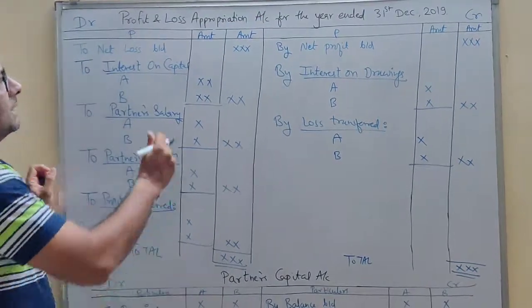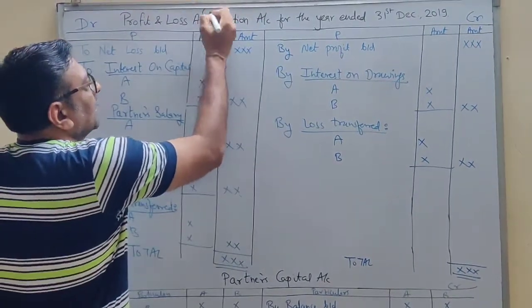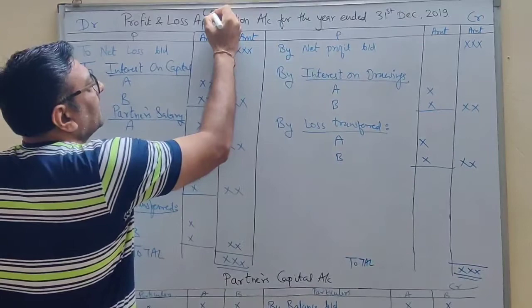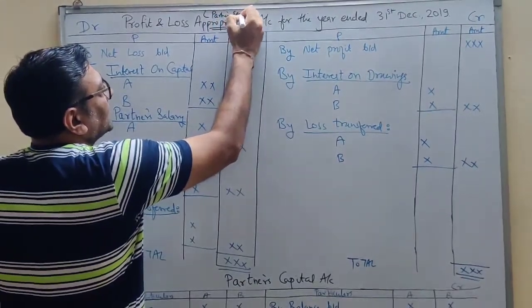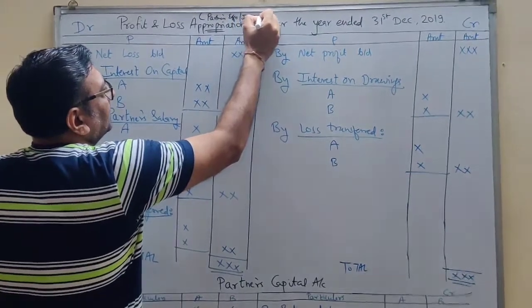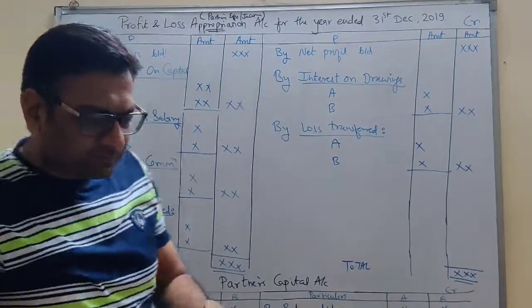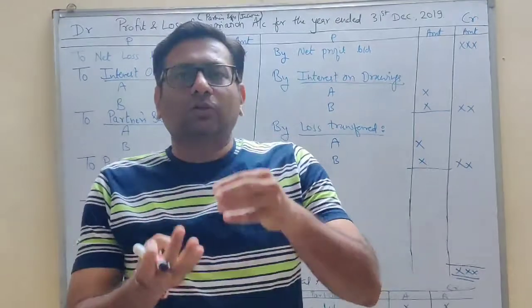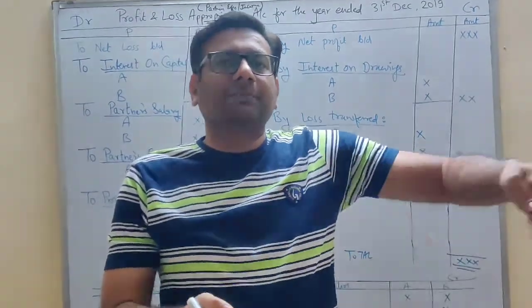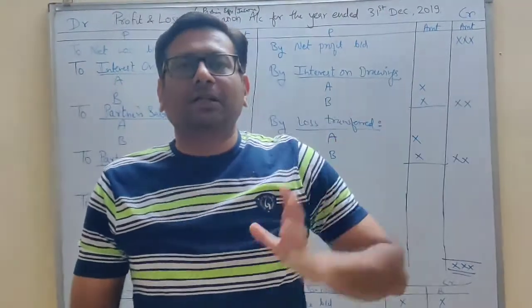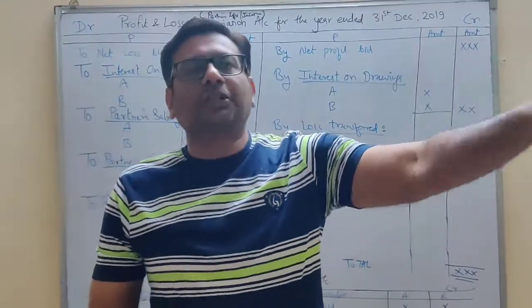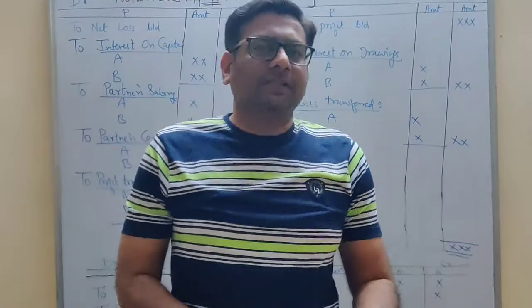So as the meaning I explained, appropriation means we are going to record partners' expenses and income in this account. I mean to say how income or profit will be distributed among the partners by way of giving salary to the partner, by way of giving commission to the partner, or maybe any other reason.